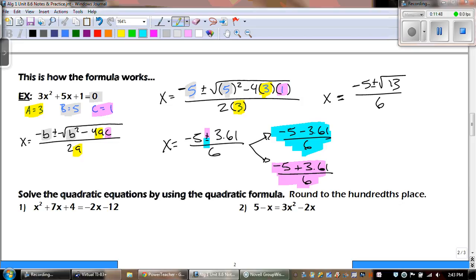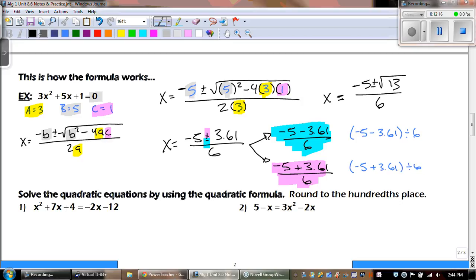Now, depending on what calculator you have, you can either type that in. I think if you have a Casio you can type that in. But if you have a TI calculator, you should type it in like that. Use the parentheses, negative 5 minus 3.61 divided by 6 and negative 5 plus 3.61 divided by 6.